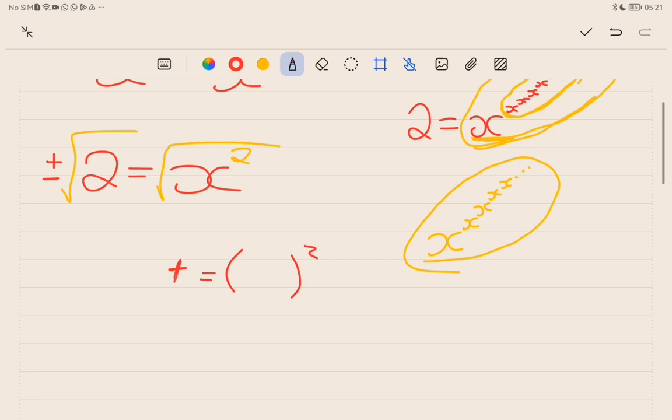Whether inside the bracket we have positive or negative, the answer will still give us positive. Hence, the value of x can be positive or negative. That's where the negative comes from. So our solution will be x is equal to plus or minus root 2.